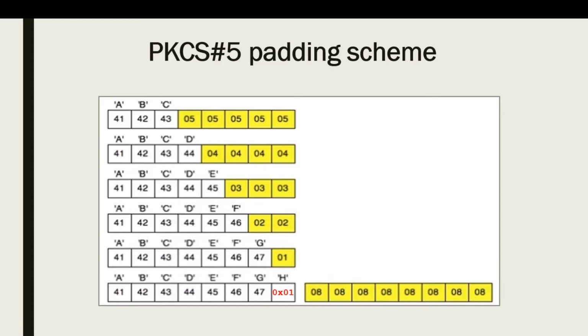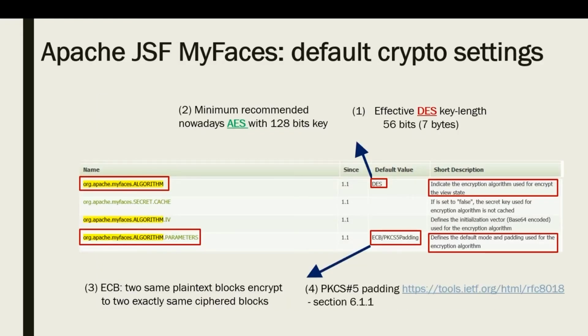The recipient could not simply distinguish between the two cases because 0x01 is indeed a valid value as both user data and padding. That is why when the last block contains only user data, A, B, C, D, E, F, G, H in the slide shown right now, a full block of padding with each byte set to 0x08 is appended to it. Then the message can be encrypted. You can learn more about PKCS 5 from this link if you like.